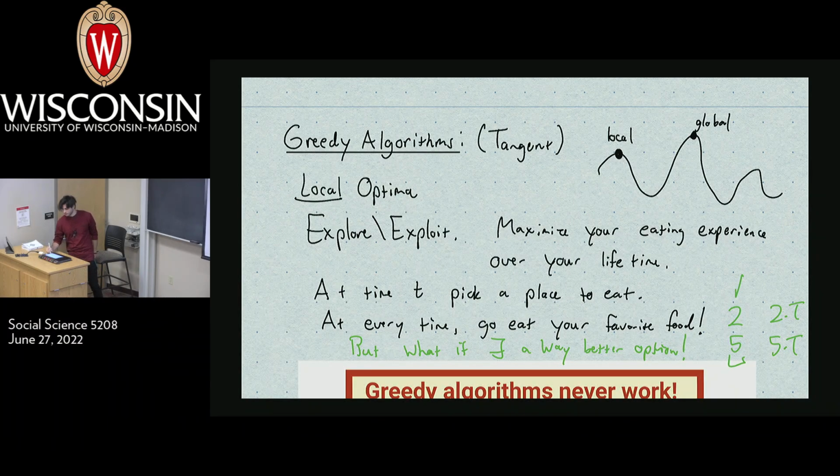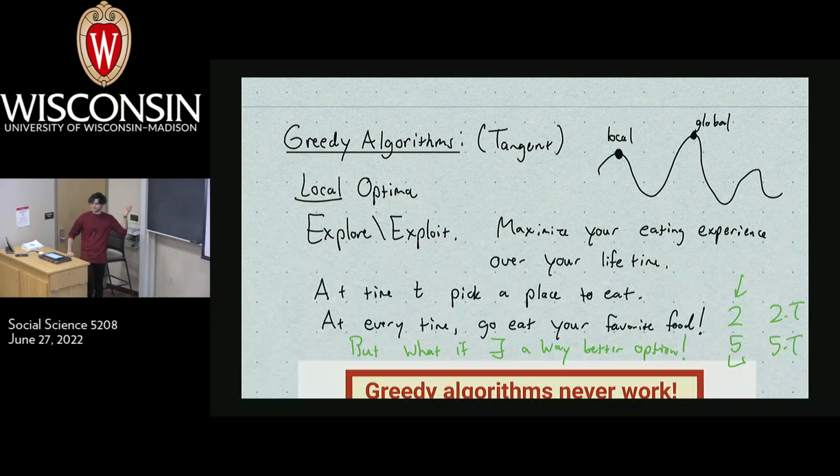But if you immediately just pick the best thing every time, your overall payoff could be super small. I think that intuitively makes sense, right? If you just ate the same thing every day, you're never trying new things, you're probably not really eating the best thing you could be eating. Because usually the best things you could eat aren't things you can really eat every day anyway. They're really fancy places you eat only a couple times.